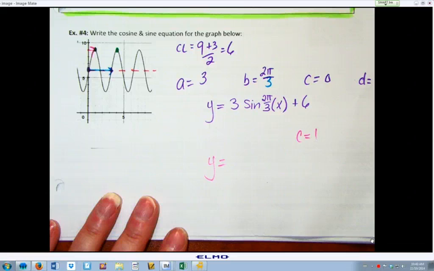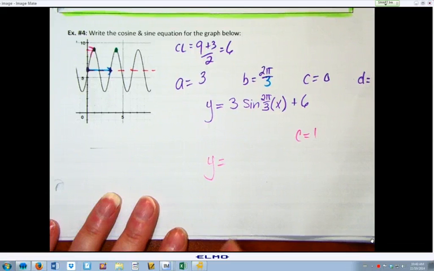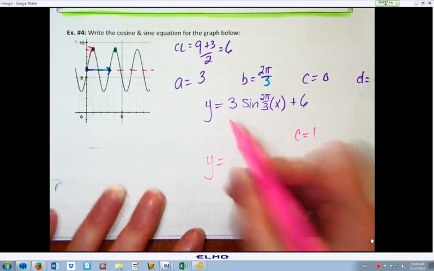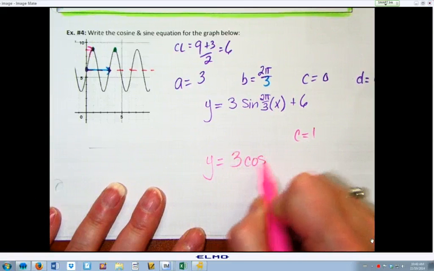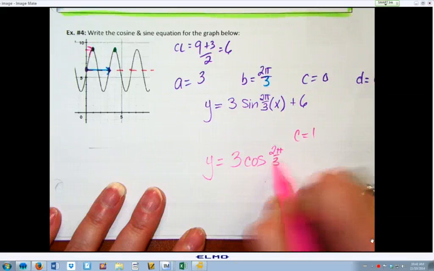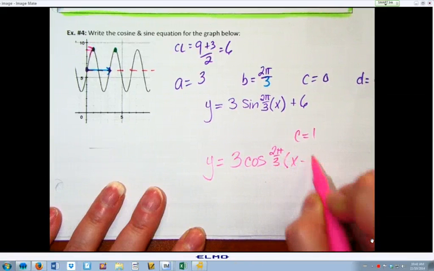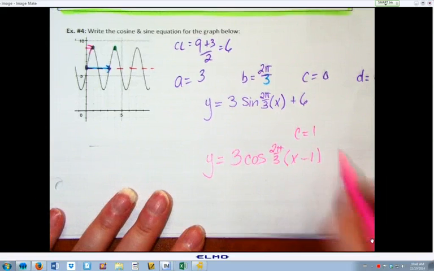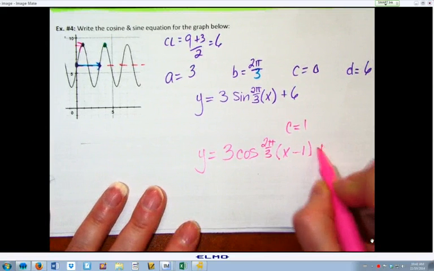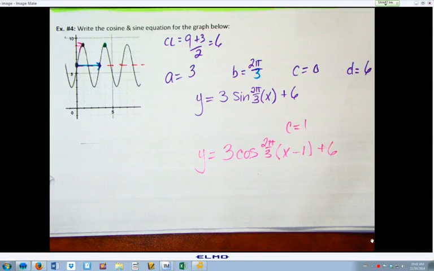Do I need to start with y equals? Yes, because otherwise you're not writing an equation, you're just writing an expression. Whoa, why did that turn negative? What's going on there? Who got it? Show me your hand. Give me an air high five.